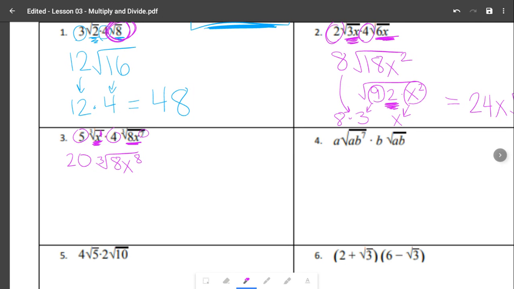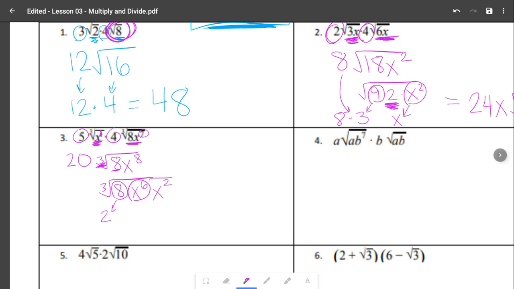And from here, we simplify. Now, simplifying this cubed root, in terms of the number 8, 8 is a perfect cube. It comes out as 2. However, x to the 8th, when you are dealing with variables, you want your exponent to be a multiple of your index, which is 3 here. So that has to break up as x to the 6th and x squared.